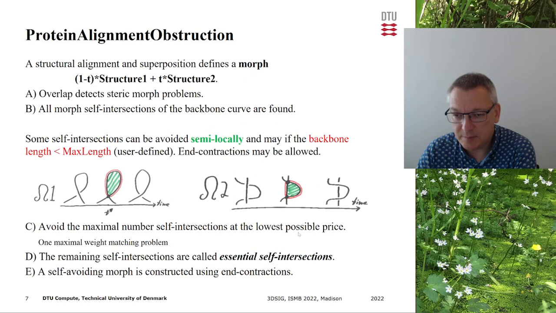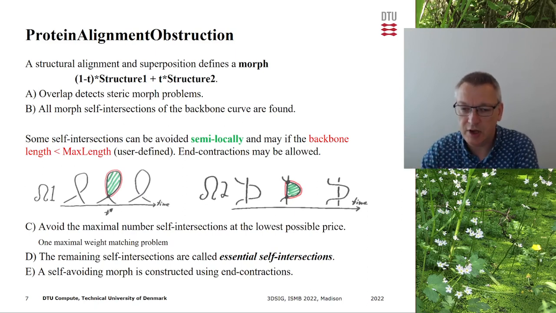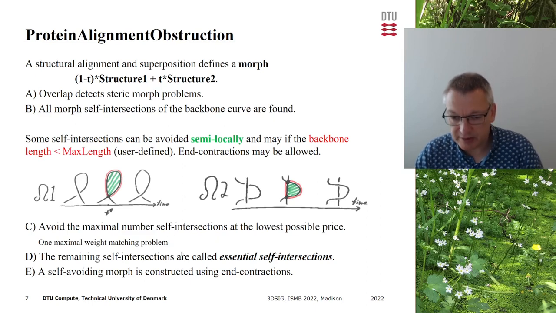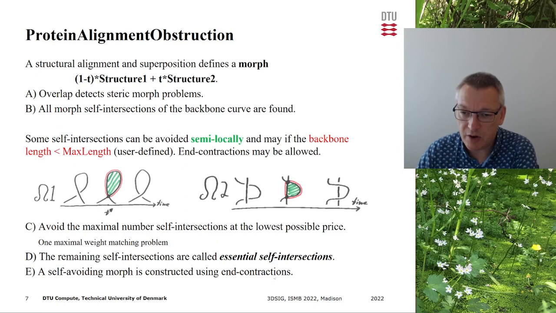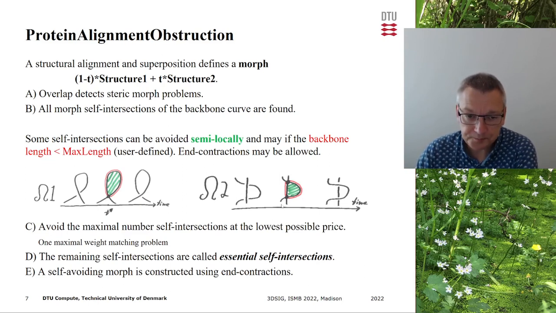The path length is basically the area of the green surfaces here, which tells you how much additional motion you need to apply to the protein structure to avoid the self-intersections. The remaining self-intersections are then called essential because we think they make an essential change to the topology, or at least they require rearrangements of larger parts of the protein than the user is allowing the program to.